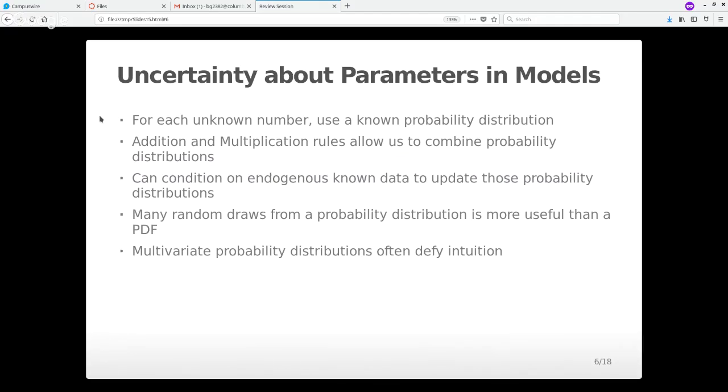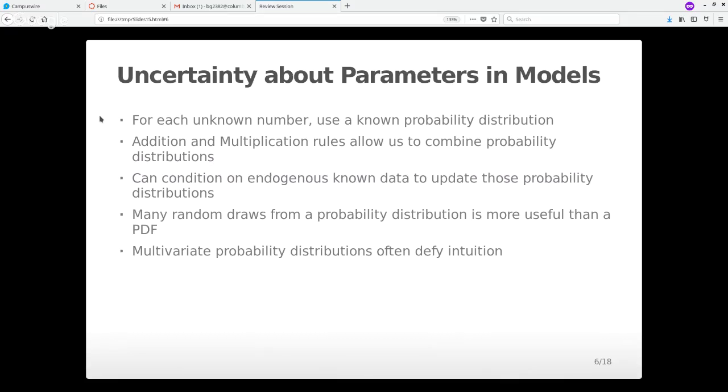But most of the hard work comes before you even sit down to draw from the posterior distribution, in terms of thinking through your models, like we referred to before with the generative model process. And also another reason why it's good to have draws is your intuition often fails you, and it often fails a lot of people when talking about multivariate probability distributions.